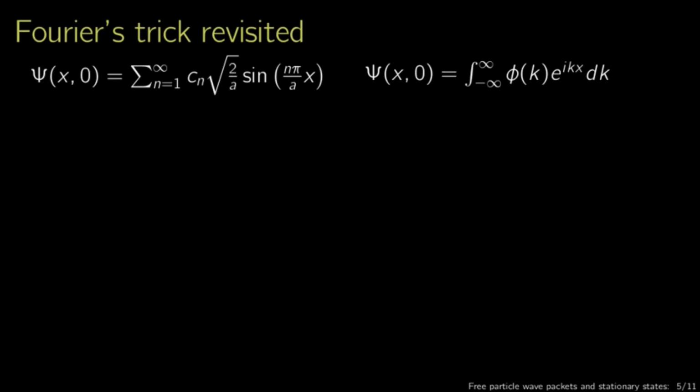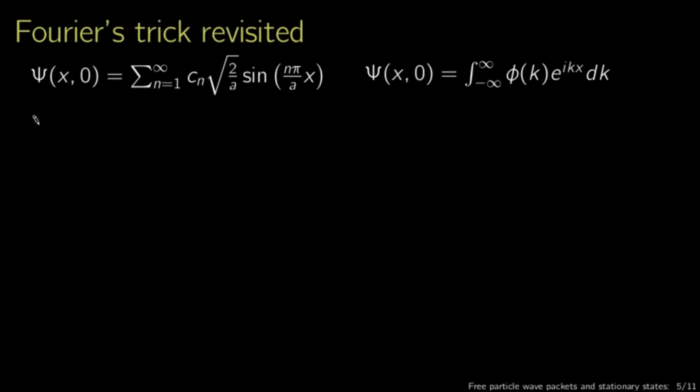So the first thing we did for our particle in a box was to express the initial conditions as an infinite sum of the time t equals 0 form of our stationary state wave functions. The second thing we did, in manipulating this expression to attempt to find a formula for the c sub n, was to multiply on the left by a particular stationary state wave function, not n, m.